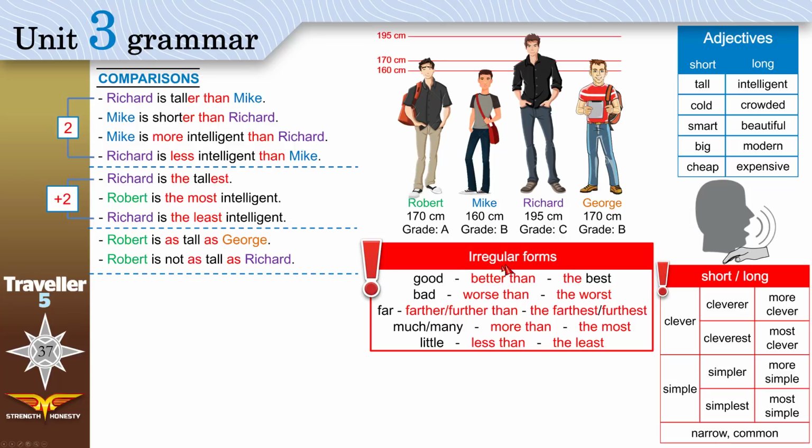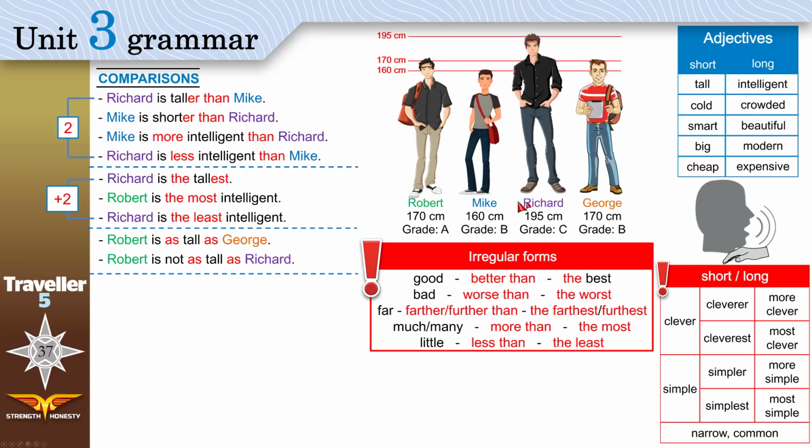Now, irregular adjectives. Good is a short adjective, right? Good, you open your mouth only once, but you don't say gooder. You say better. And you say the best when comparing between more than 2. Bad, worse than.